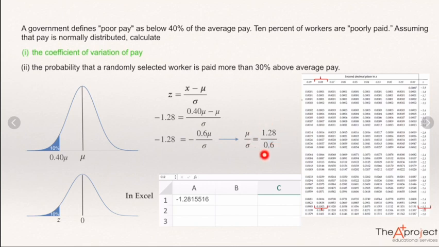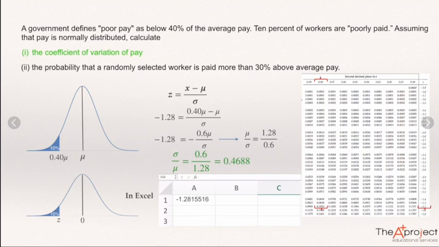This answer is going to help me also to find the other question, the probability that the randomly selected worker is paid more than 30% above average. So leave it there. But the coefficient of variation is the reciprocal of this. It will be sigma divided by mu. So if mu divided by sigma is 1.28 divided by 0.6, then sigma divided by mu will be 0.6 divided by 1.28, and that is 0.4688.